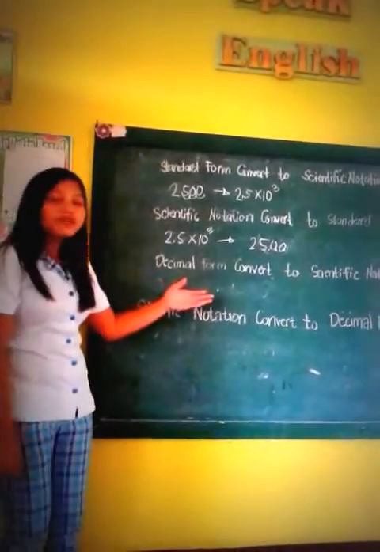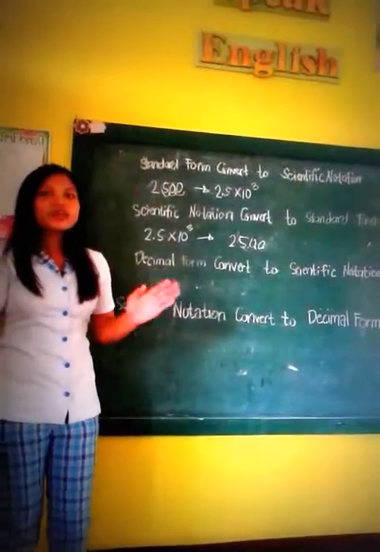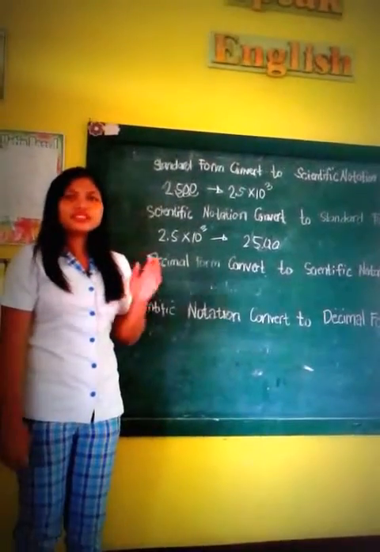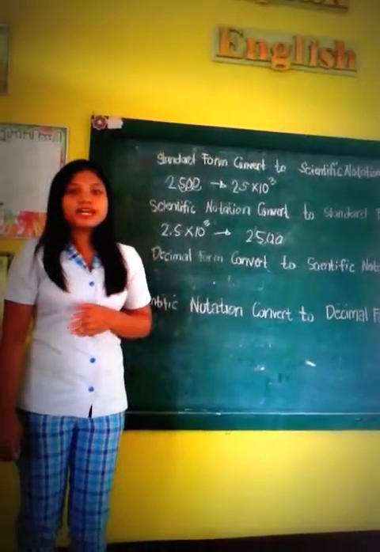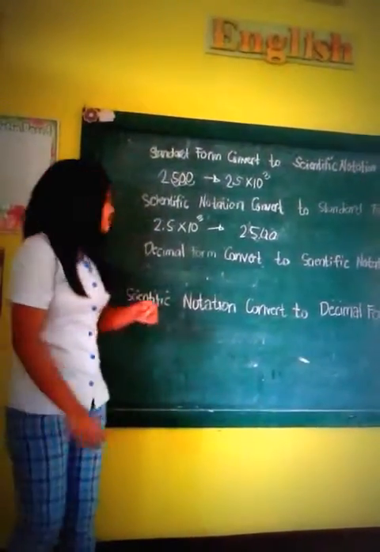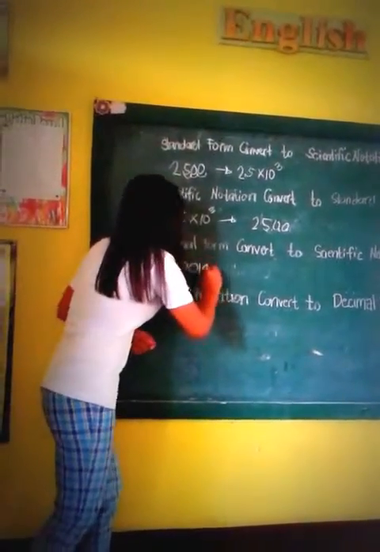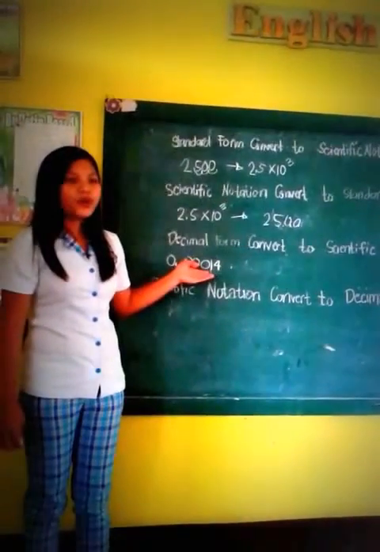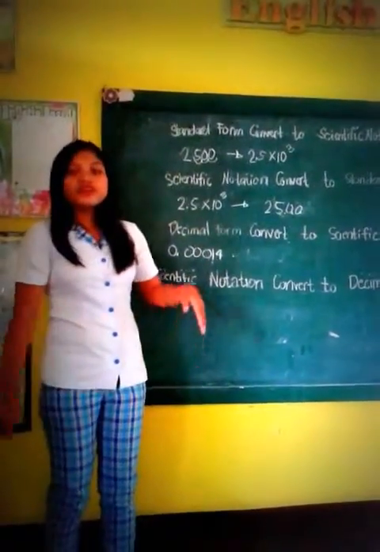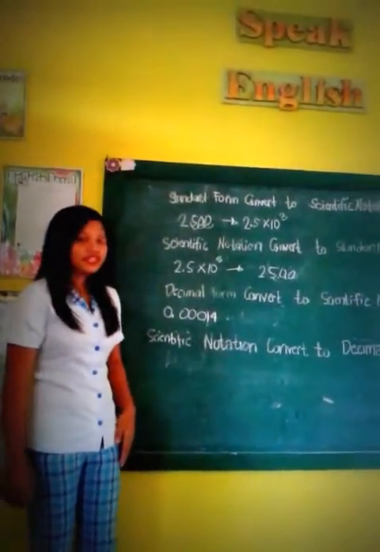Step number 3 is converting decimal form to scientific notation. I have a problem situation. Anna washed clothes and she was happy watching the bubbles. And she was thinking, what would be the possible thickness of the bubbles? Okay, the possible thickness of the bubbles is 0.00014. So now, this is a decimal form and you will have to convert it into scientific notation.